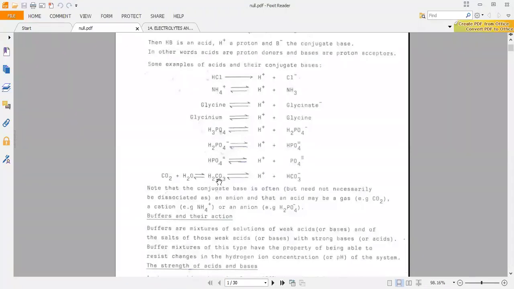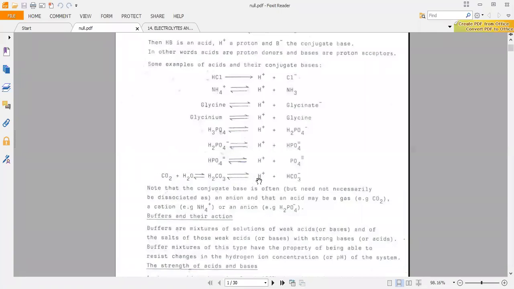We know how the bicarbonate is produced. When you have carbon dioxide plus water, you get bicarbonate. The enzyme for this reaction is the carbonic anhydrase enzyme, which combines carbon dioxide and water to get the bicarbonate acid, H2CO3.